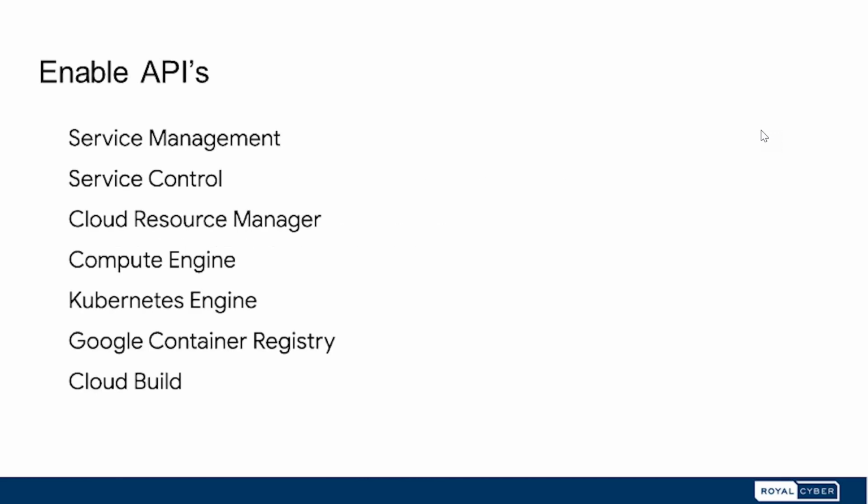We have to enable certain APIs: service management, service control, Cloud Resource Manager, Compute Engine, Kubernetes Engine, Google Container Registry, and Cloud Build. There's a simple gcloud command that we're going to share after this webinar, which will enable all these APIs. Even if you're using the Google Cloud Console, if any of these APIs are not enabled, it will simply redirect you to those APIs, which you can then easily enable.